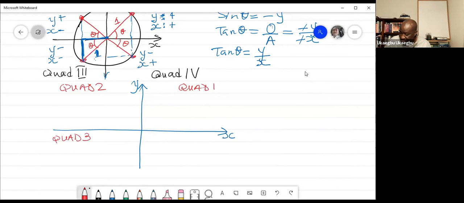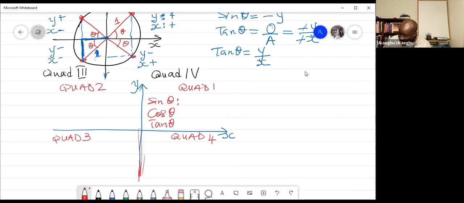They usually write it with Roman numerals, but it doesn't really matter. In each of them, we are going to indicate the sine theta, cos theta, and tangent theta.